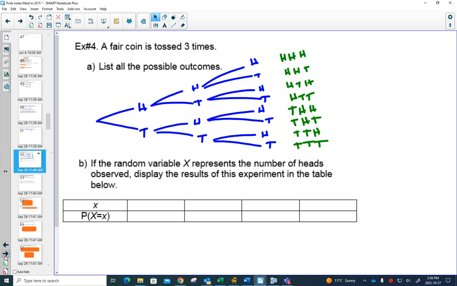So if X is the number of heads, you could get 0, 1, 2, or 3. Then you put the probability on the bottom.